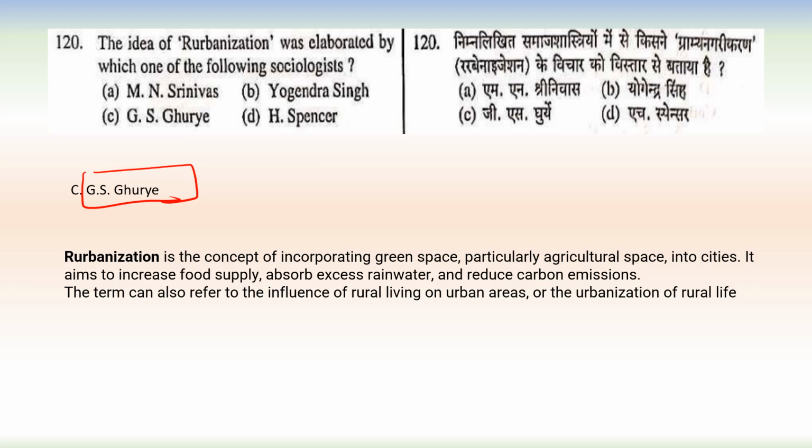Urbanization is the concept of incorporating green space, particularly agricultural space, into cities. It aims to increase food supply, absorb excess rainwater, and reduce carbon emission. This term can also refer to influence of rural living on urban areas or urbanization of rural life.